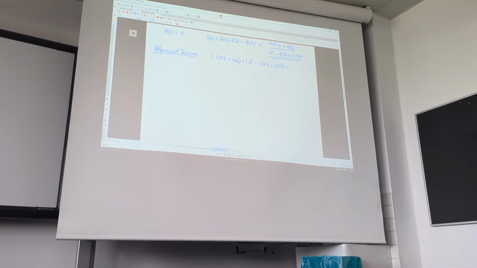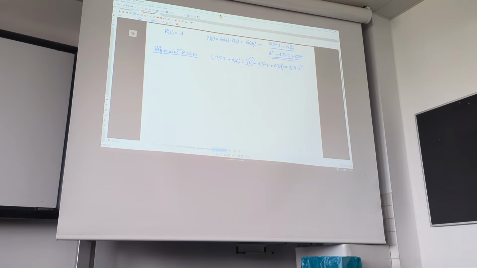But it's actually like a normal division, so we look for the highest exponent here in this polynomial. So what is the factor that we have to multiply this first term with in order to get 0.37z? And that's 0.37 times z to the power of minus 1.